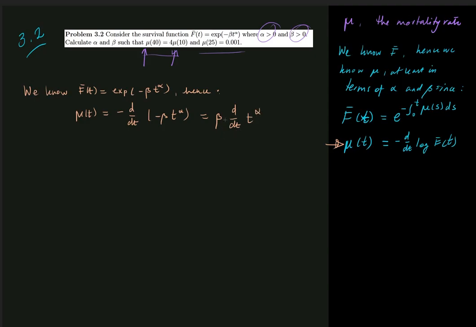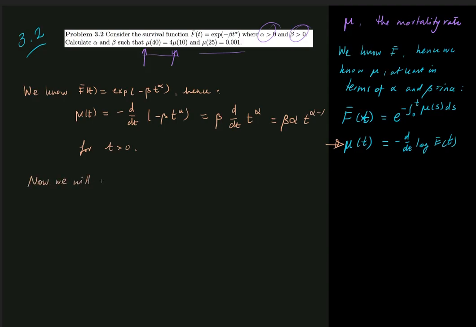This is very, very nice because this just gives me beta multiplied by alpha times t to the alpha minus 1. So now I know what mu is for t greater than 0, presumably. They don't tell us anything about t being greater than 0, but the intensity only really makes sense when we look at non-negative random variables, and also when we consider lifetimes, it only really makes sense to consider non-negative random variables.